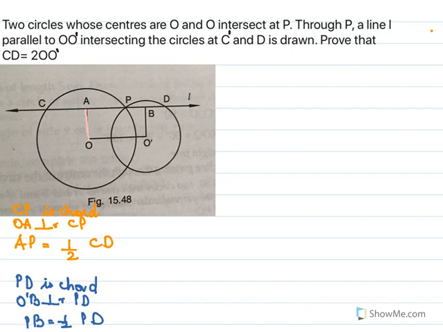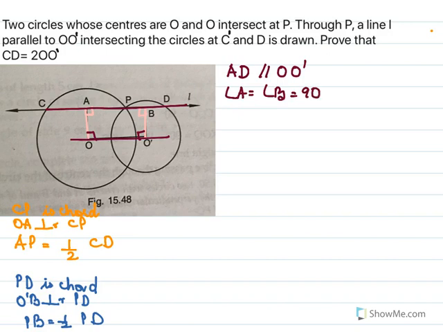Now for the second part, we knew this was perpendicular. Here too we had a perpendicular, and these two lines are parallel. If these lines are parallel, that means here also we will have perpendiculars. So we have AB parallel to OO dash, and angle A equal to angle B equal to 90. Therefore co-interior angles are supplementary, so angle O and angle O dash will also be 90.